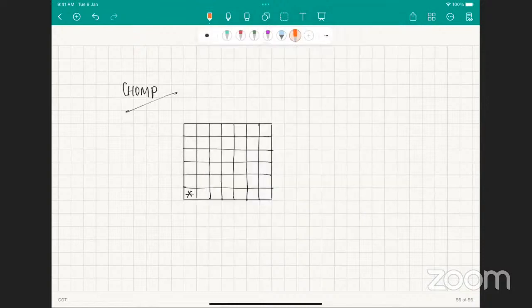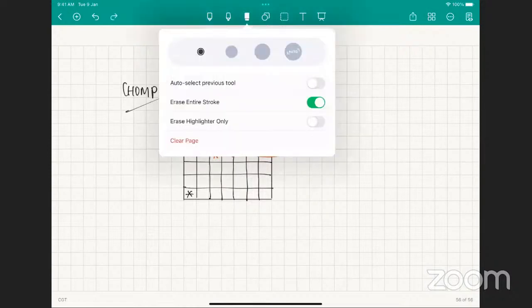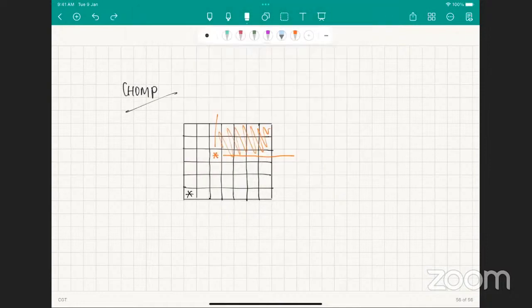So on your move, what you can do is pick a square where you want to chomp into this bar. And if you pick this square, you basically get this whole piece, and that goes away. So this is what you're left with after you have chomped at a particular location.